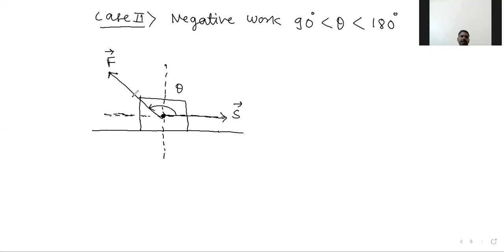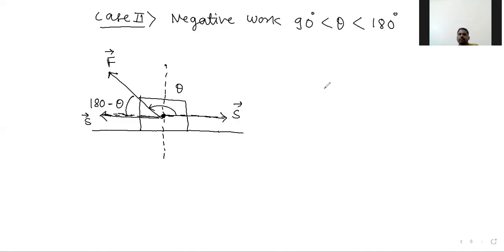So this remaining angle is 180 minus theta. In between these two, the angle is 180 minus theta, between the force vector and the displacement vector.